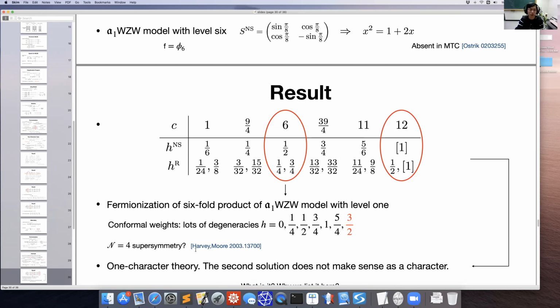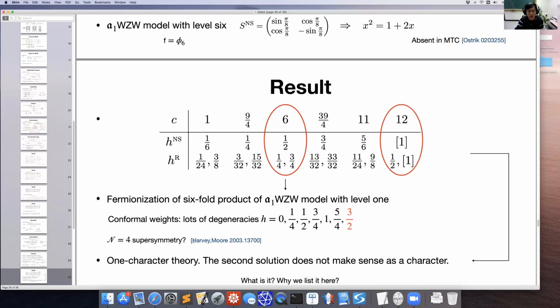But actually, this model happened to be investigated in a recent paper by Harvey and Moore, where they show that there's at least N=1 supersymmetry. But whether this has N=4 supersymmetry still seems not that clear. And for us, we also tried to decompose the characters in terms of N=4 superconformal characters.